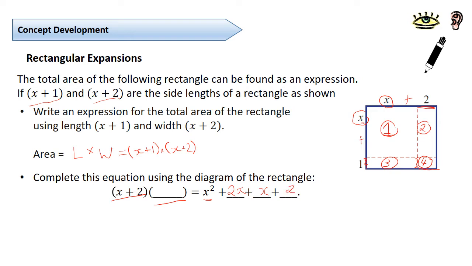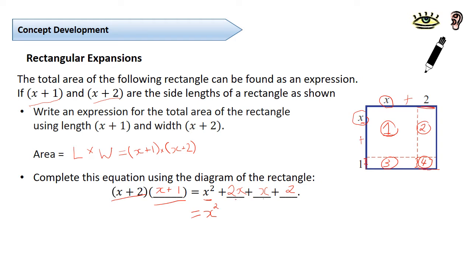We can add on area 3, which is 1 times x, which is just x, there we go. And then area 4 is going to be this side length times this side length, 1 times 2, which is 2. Of course, we should fill in this gap, make sure it's all complete. So this was our other side length.